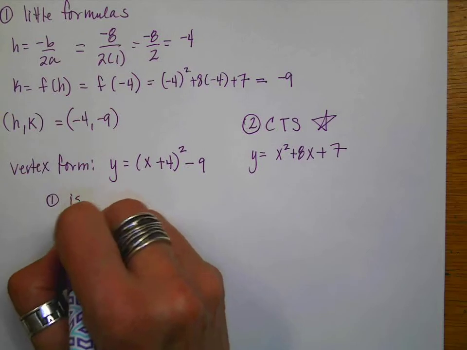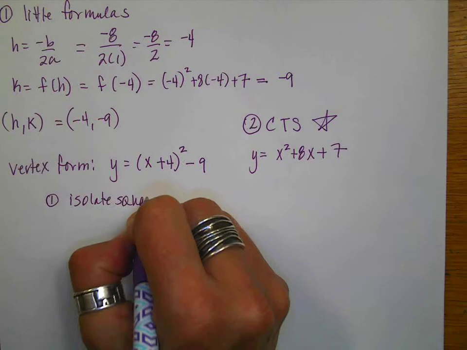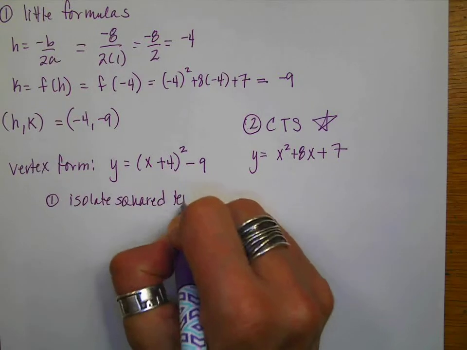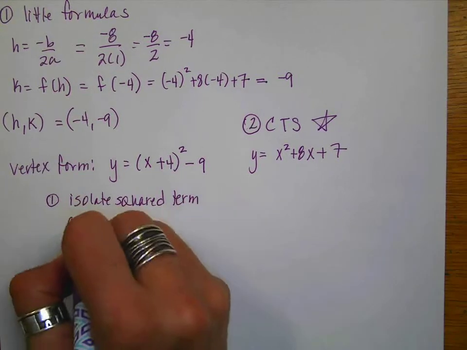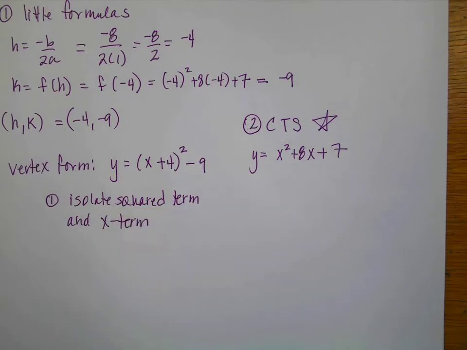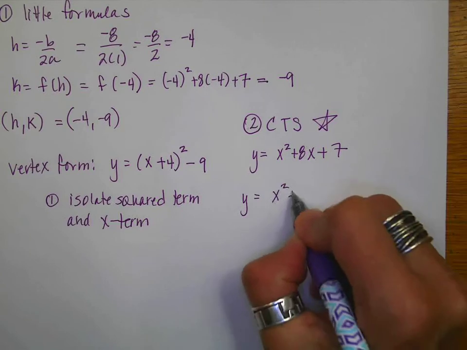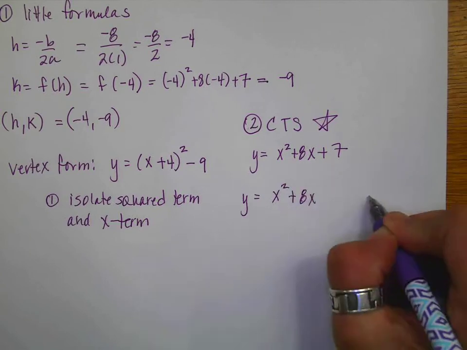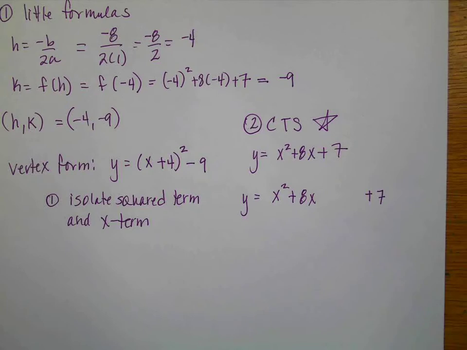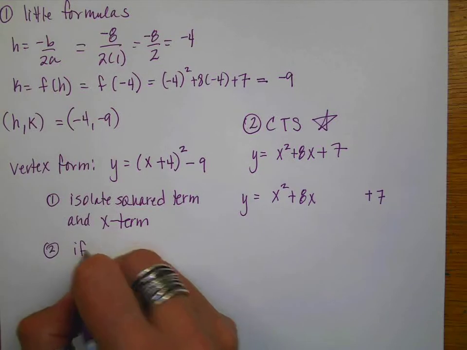So the first step is that I want to isolate the squared term and the x term. So basically, I'm putting all of the x things together. So I'm going to write y is equal to, and I'm going to put these two guys together, and I'm going to scoot him over. Okay? So I really haven't done anything other than some rearranging. Okay?